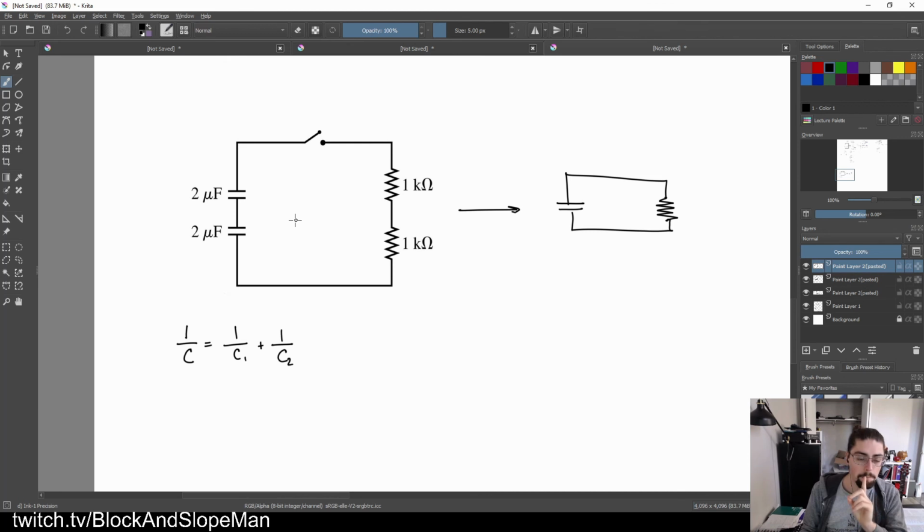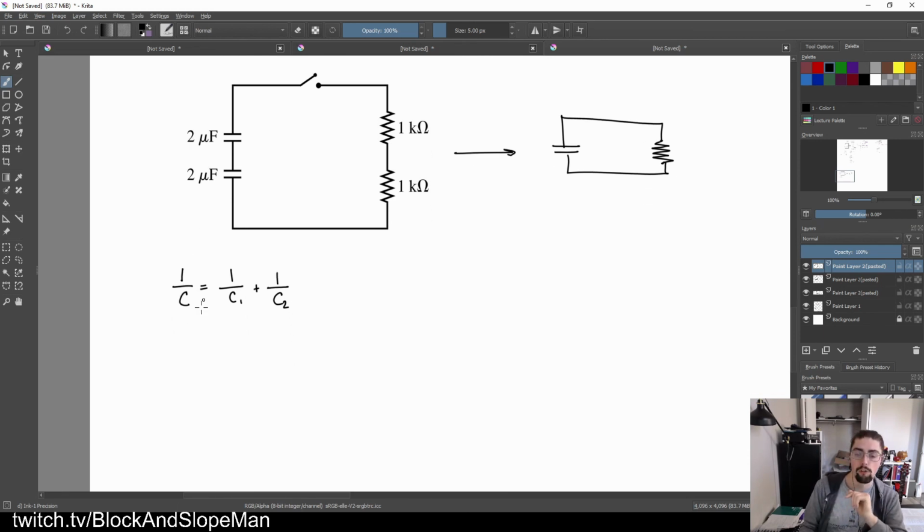But my hesitation here is that each of these are 2 times 10 to the negative 6th, and any fraction over 2 times 10 to the negative 6th is not very fun. It'd be a lot easier if we didn't change that unit. If we just left it as microfarads for a little while, and that's fine. Because as long as C1 and C2 are in microfarads, I just have to remember that the equivalent capacitance is going to be also in microfarads. So let's do that real quick. What would that look like?